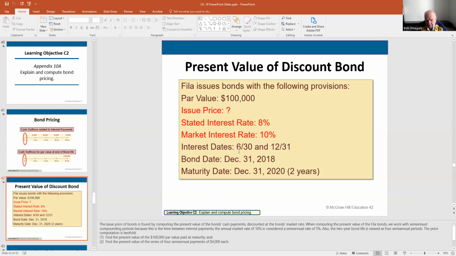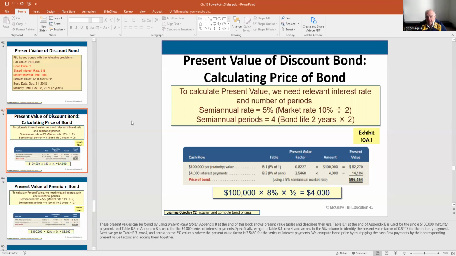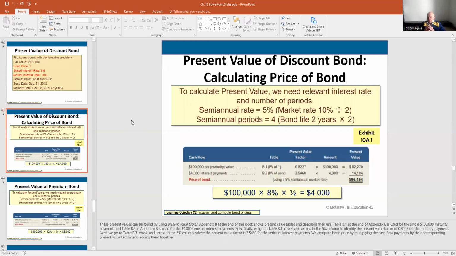So with these statistics in mind, we can calculate the issue price. And the way we do it is we're going to use the present value tables. The rate is 10% a year, right? Double check. The market rate is 10%. And let me tell you something super important.